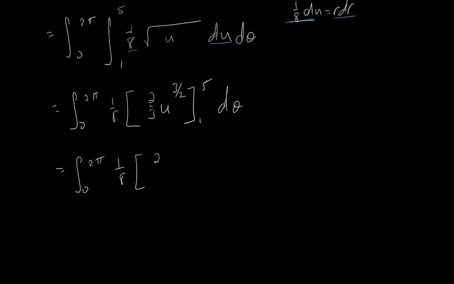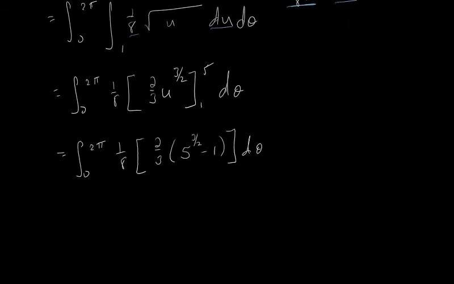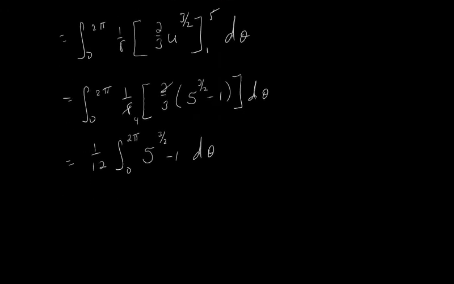Putting in the 5, we get 2/3 times 5 to the 3/2 minus 1 to the 3/2 is just 1 d theta. So we have a constant, 1/8 times 2/3. I'm going to pull that out. So that's going to be 1/12, because the 2 will cancel with the 8, right? So that's 1/12 times the integral from 0 to 2 pi of 5 to the 3/2 minus 1 d theta.